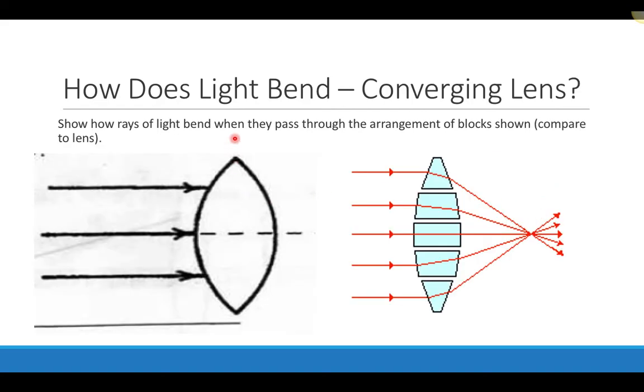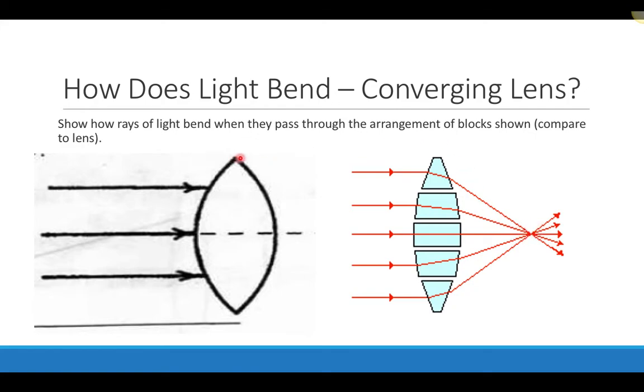Now I could imagine taking that same picture that I had in the previous picture, and instead of having a triangle, I make it a curved shape instead of that triangle shape, and I get the same effect. So I have the light, and it tends to bend in such a way, the way that this shape is, so that the angle of refraction over here becomes larger, and they all bend to a particular point.